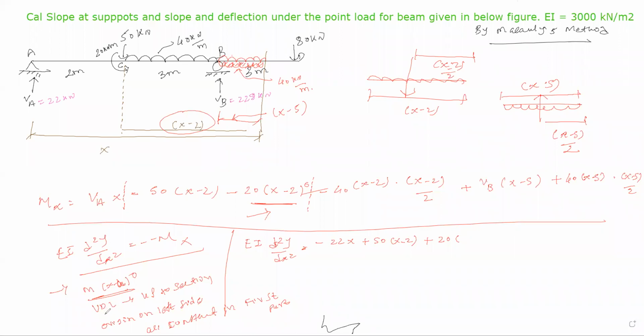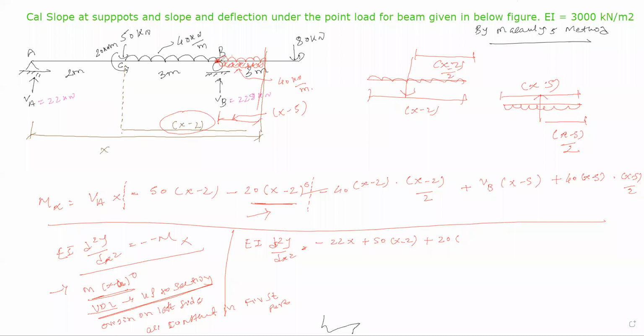Second assumption is that we need to extend the uniformly distributed load up to the section. In your given data, the uniformly distributed load is given up to point B only, but we have cut a section in between B and C. Now, can you tell me if there is any UDL between B and C or not? There is no UDL.